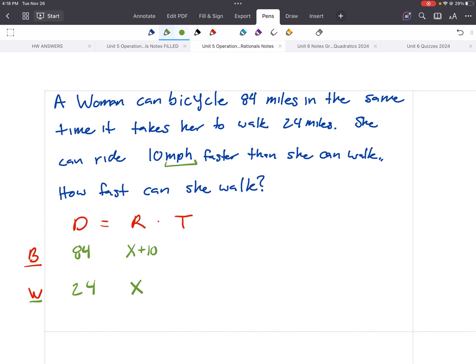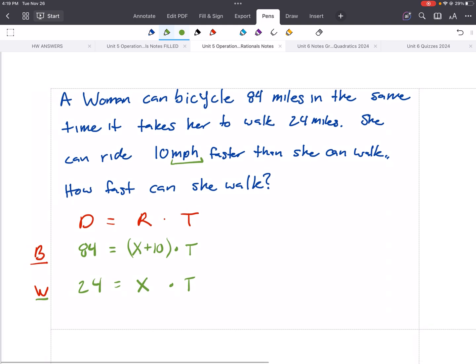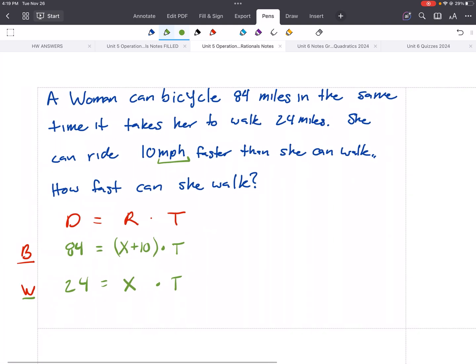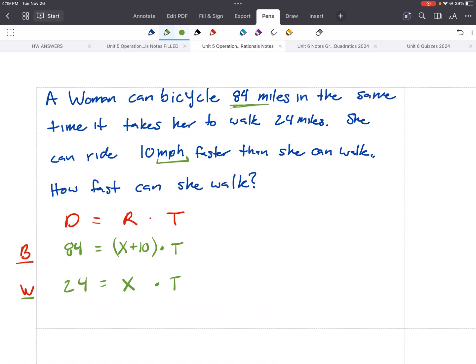We don't know what time is, but we still have this little equation, which means that we could solve for time, which is helpful because it tells us that she travels 84 miles in the same amount of time it takes her to walk. So both of them have the same time.